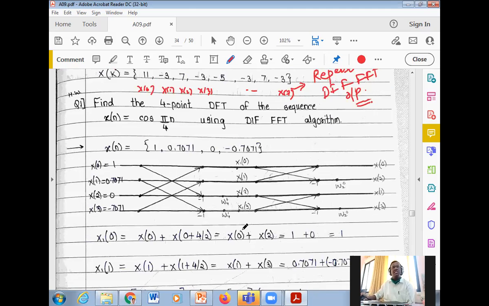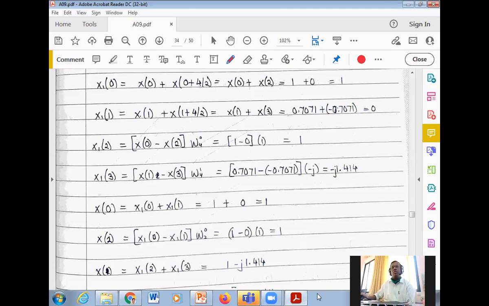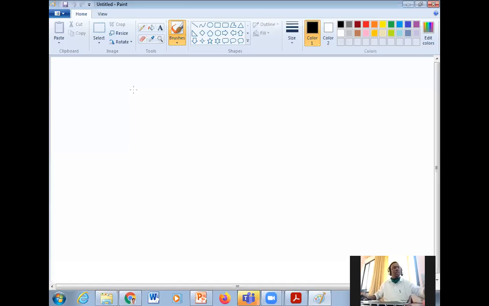And in the last lecture, I have taken this example also. So this is all about the DIF FFT algorithm. And today we will discuss one more diagram or one more point, that we are calling the Goertzel algorithm.